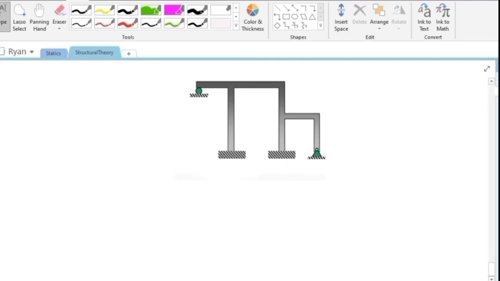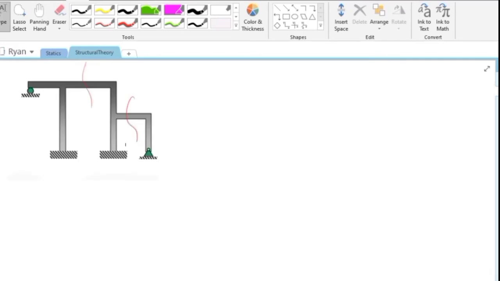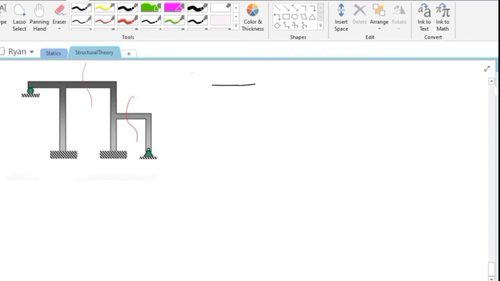So if we are going to divide this frame, then we have, okay, so for the reactions, dito we have a roller, so we have one reaction here.